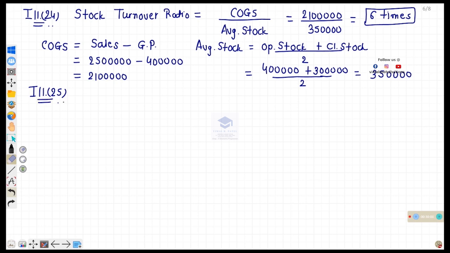Illustration 25. Opening stock, purchase, closing stock and purchase expenses are given.